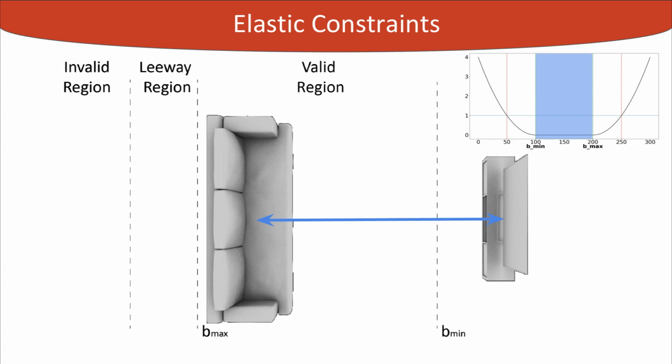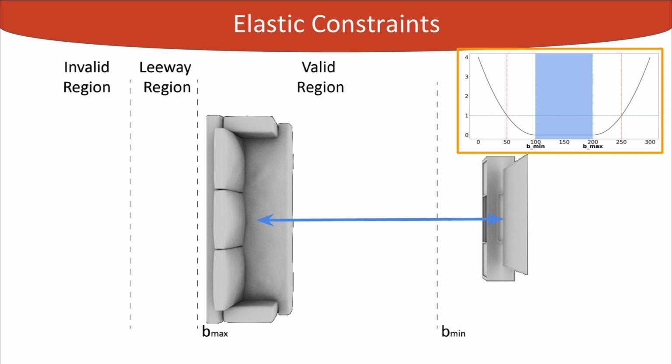The idea is to have a leeway region outside the bounds that still considers the state valid but with added cost. A distance constraint between a sofa and a TV set would be evaluated like this. Here, Bmax and Bmin are the constraint's bounds. The formula we used is modeled after elastic springs, and the graph on the top right shows its behavior.